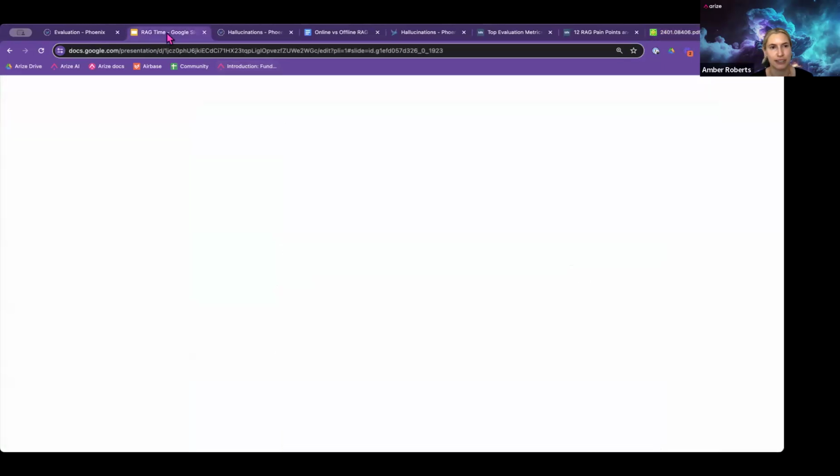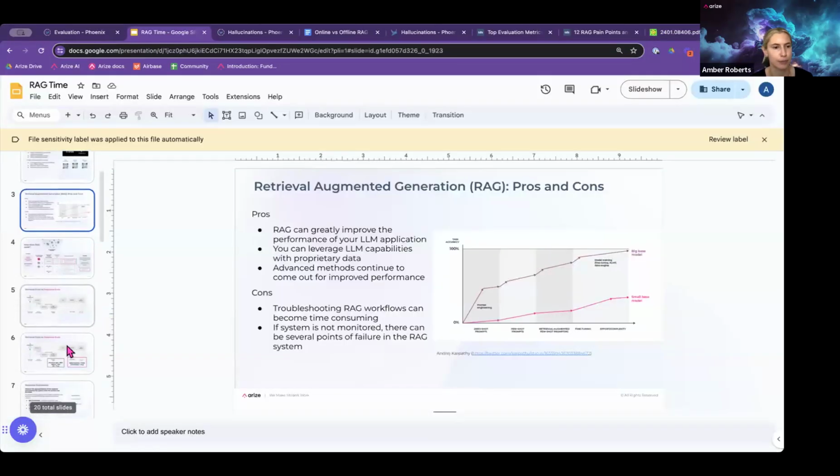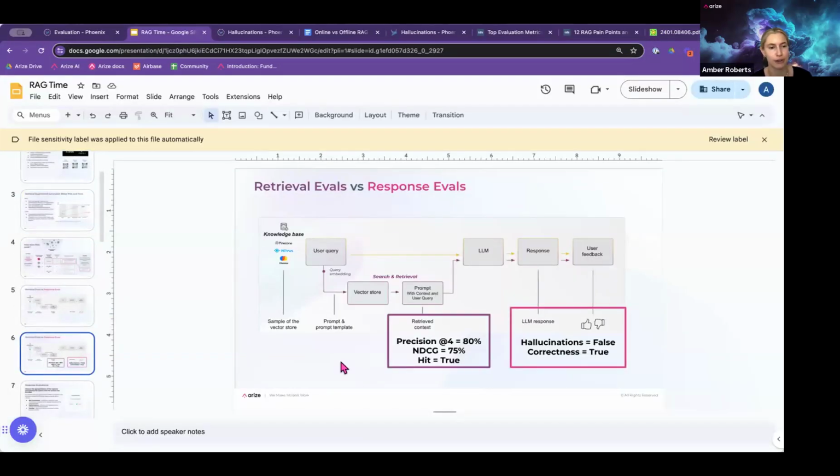Just as a brief part, at Arize we tend to evaluate responses with hallucinations and correctness, but for anything involved in RAG, especially when those documents are being returned, we still use traditional search and retrieval metrics.